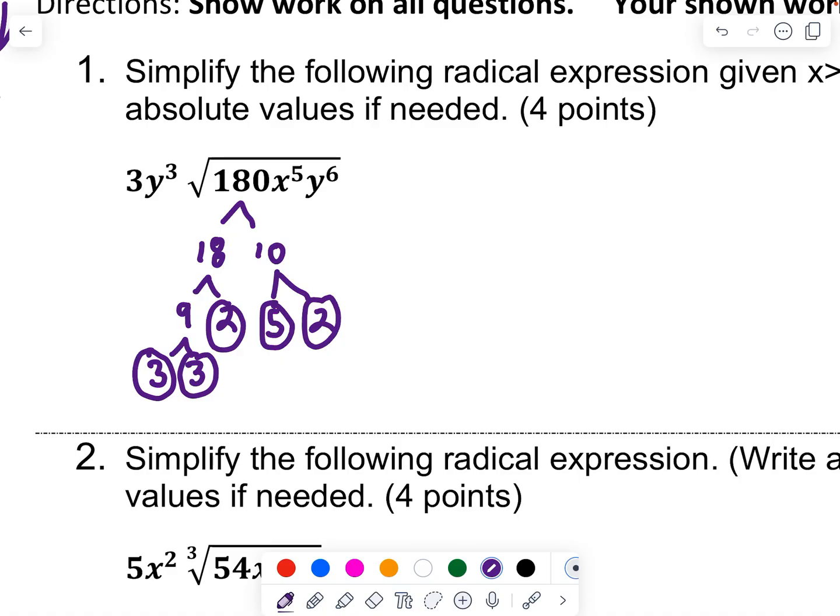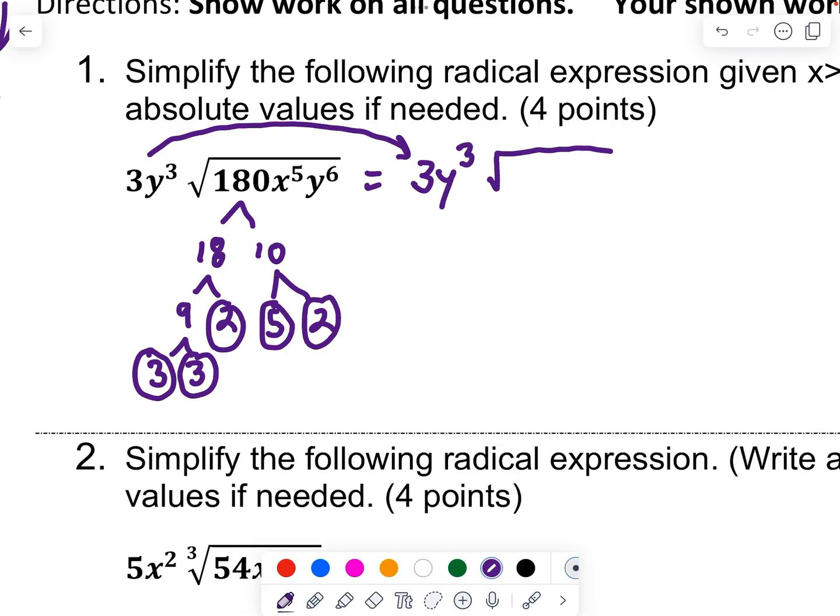Okay, I am ready to rewrite what I'm going to be simplifying. Now, do not forget you already have something on the outside of the square root. It stays on the outside of the square root. Don't go throwing it inside the square root. So we've got 3y cubed.